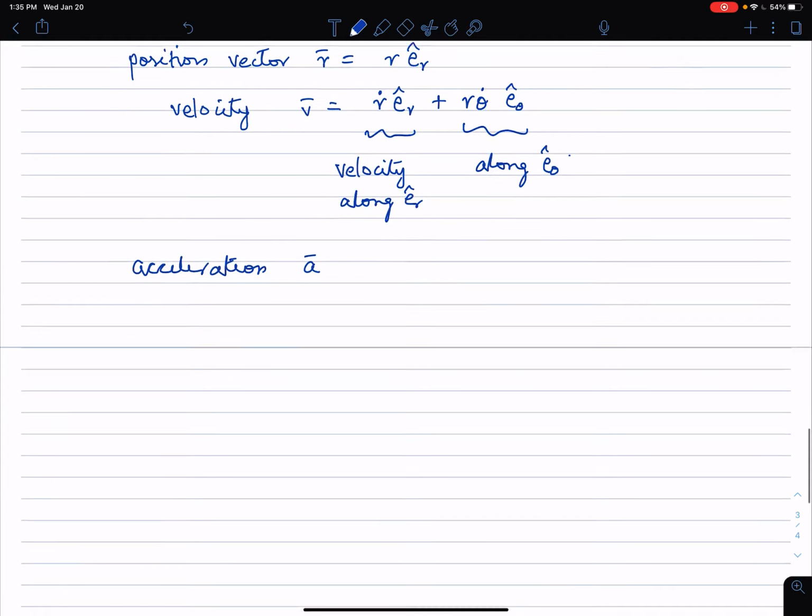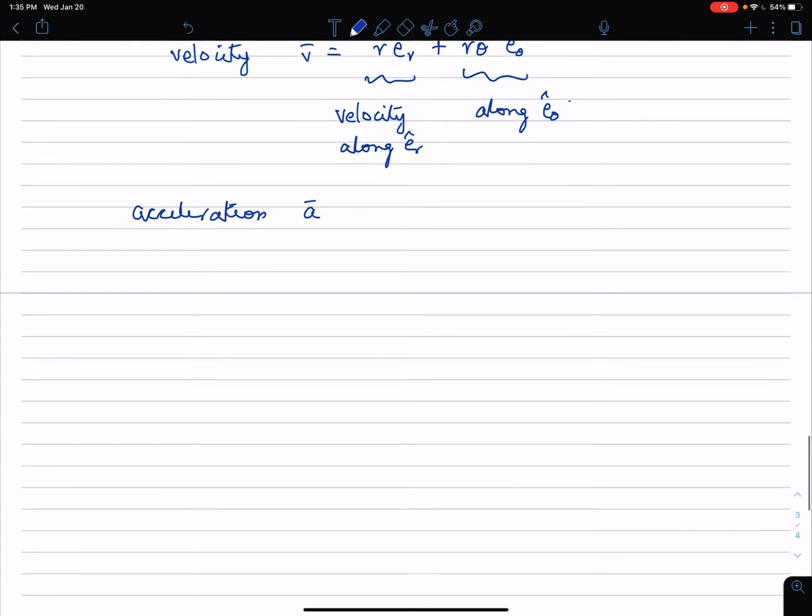And then acceleration a. Now instead of having two terms, it has four terms. It looks like this. So this is along the e_r direction. It looks like this, plus, and then along the e_theta direction, it looks like this. Okay.